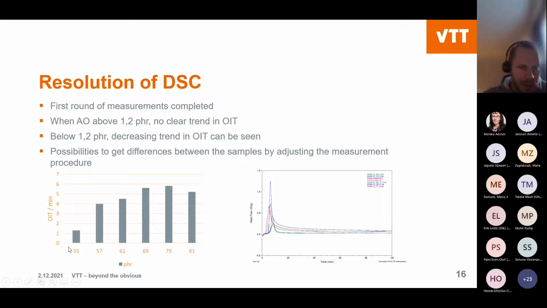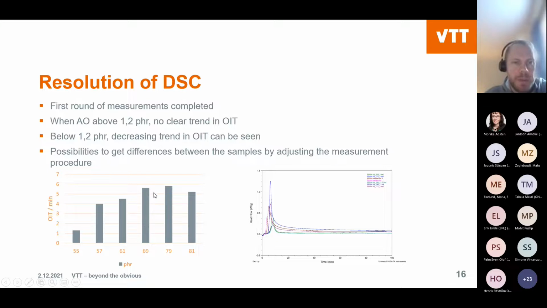But now I see that here is the wrong axis. This is the filler particle. But anyways, the conclusion was that when the antioxidant content is less than 1.2 pHr, you can see a decreasing trend.